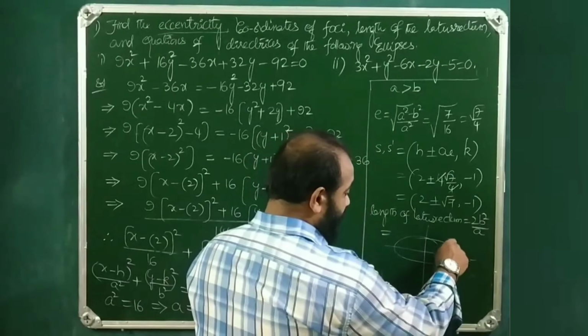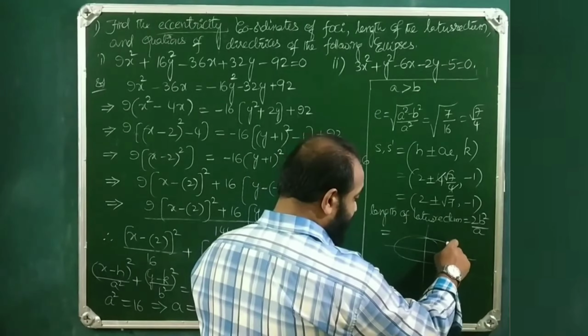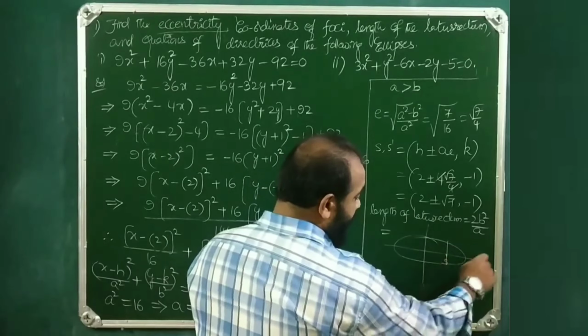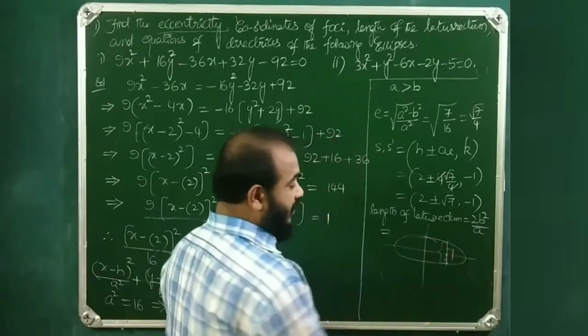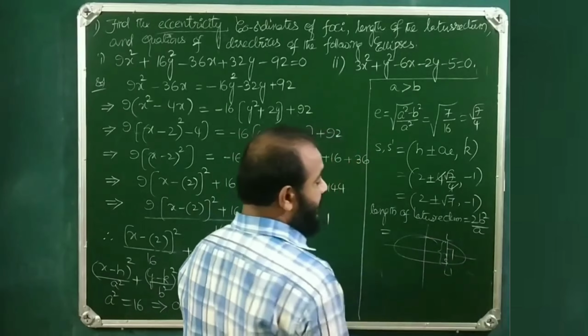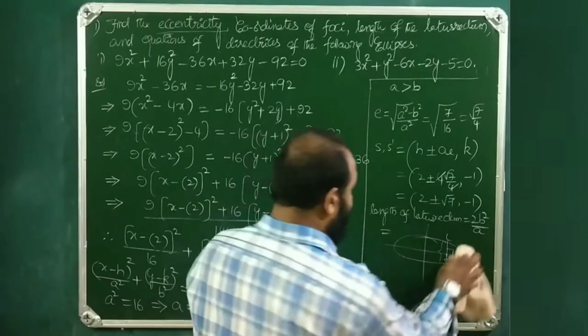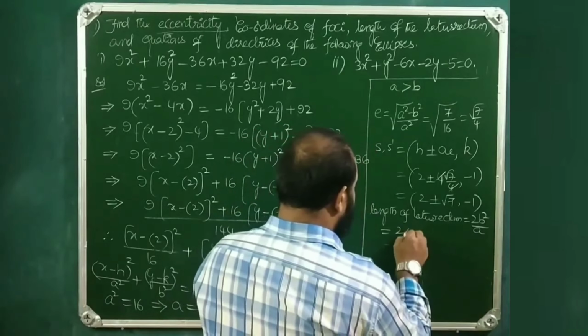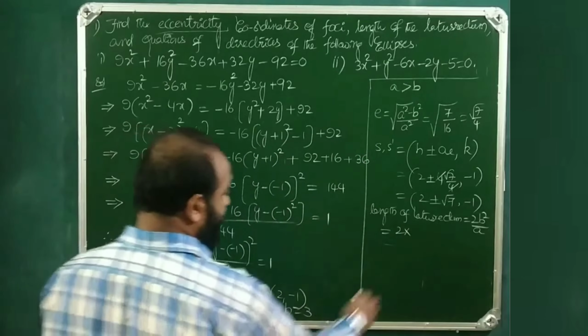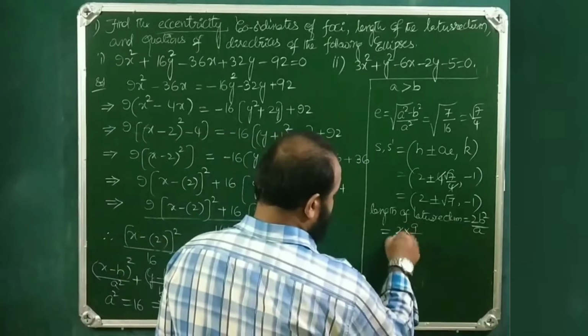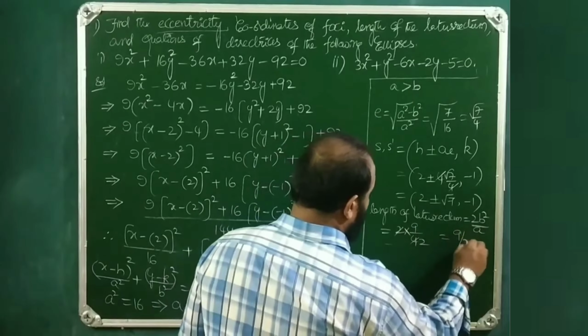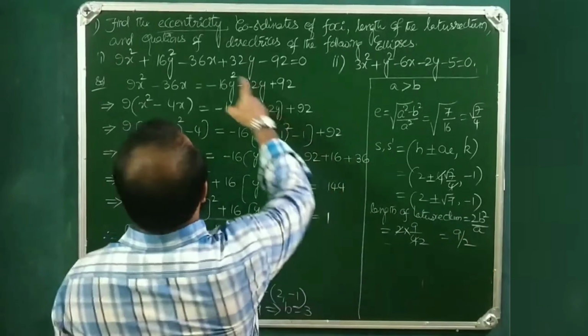The chord passing through the focus and perpendicular to the major axis is the latus rectum L dash, which is 2b square by a. So 2b square by a is 2 into b square, which is 9, by a, which is 4. So it is 9 by 2.